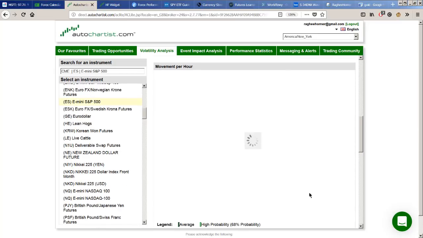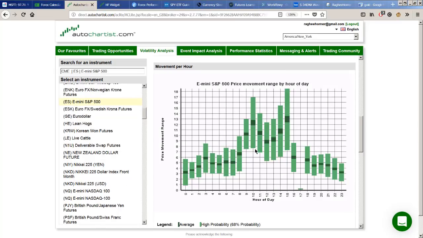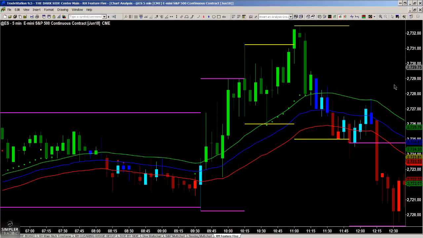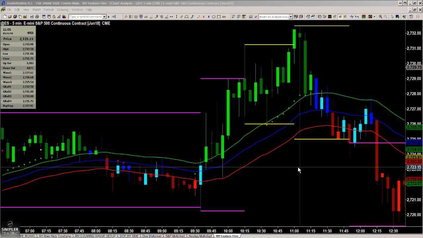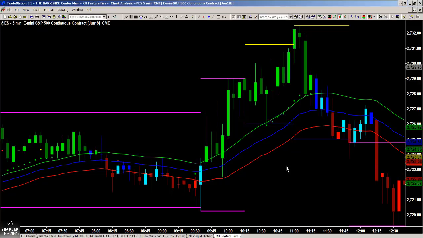I have my low calculation for 10 to 11, which is about 7.5, 7.75 points, then my average and my high. Knowing that we were having a really difficult time getting going after the clearing, for nearly 15, 20, 30 minutes, luckily we went up and hit that 32.5, and initially we were hitting areas around 30, 28.